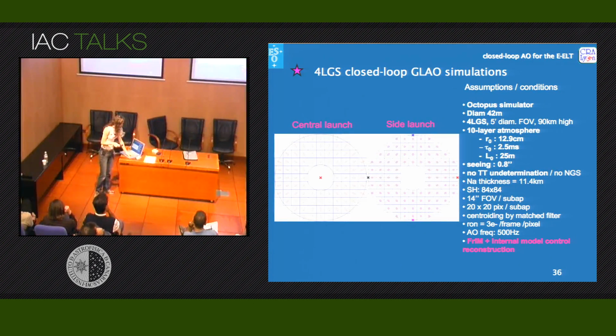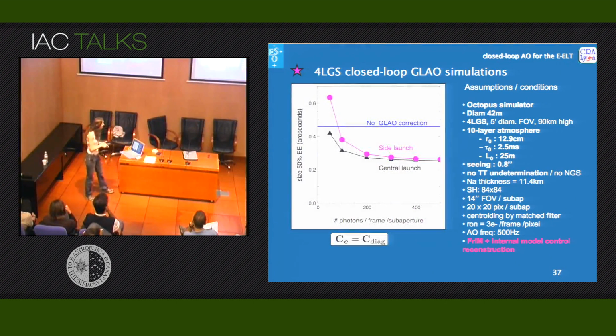And if you don't have the noise correlation, you see that the side launch again is performing less well than the central launch. And if you do this taking into account the noise correlation, this time side launch and central launch have no significant difference in performance.